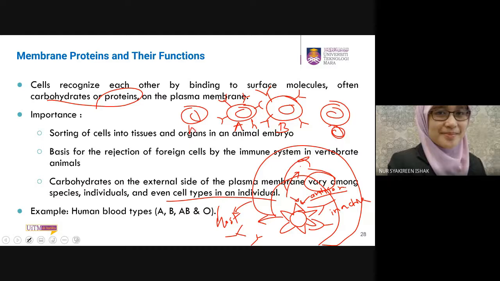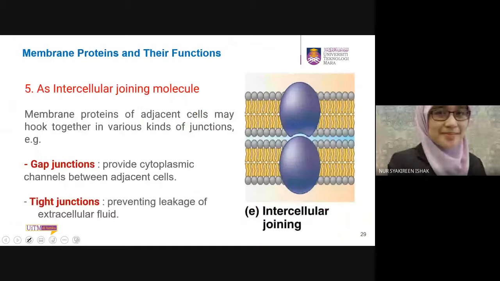Kalau AB antigen dia dua-dua ada. Yang tiga segi, yang bulat macam ni. Yang tiga segi. So that's why AB. So detail pemahaman pasal blood type ni kita akan belajar masa chapter genetik dan juga immune, during semester 2.